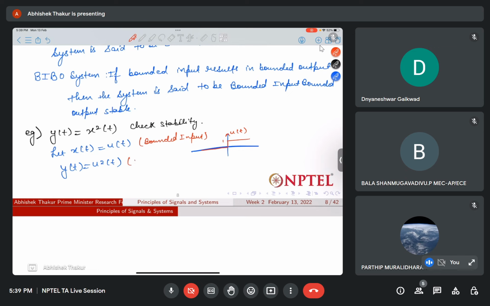So this is also a bounded output. Thus, bounded input produces bounded output. Hence, the system is stable. Any doubt in this?